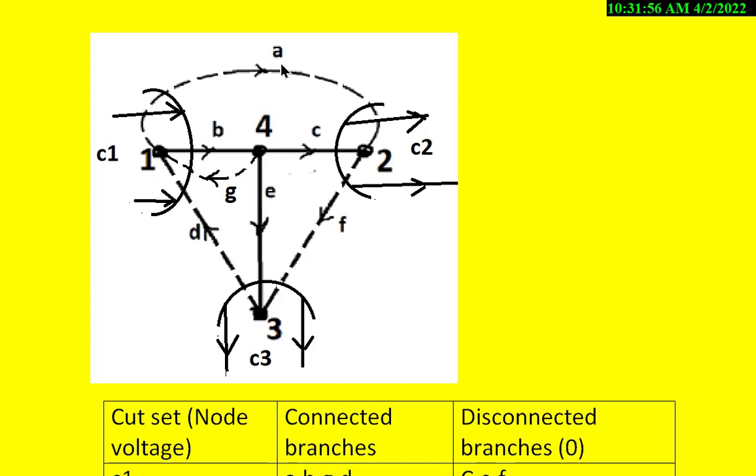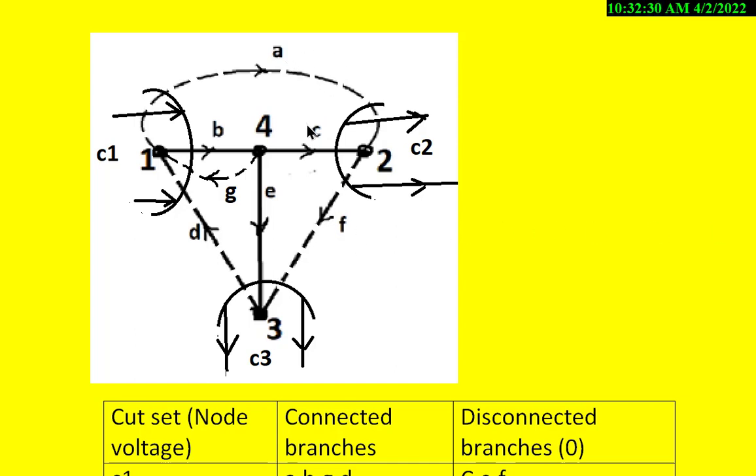The link elements connected are A and D. Similarly, cut set 2 belongs to node 2. Here the twig is C, that is the thick line, whereas the other two elements are the links, that is A and F.